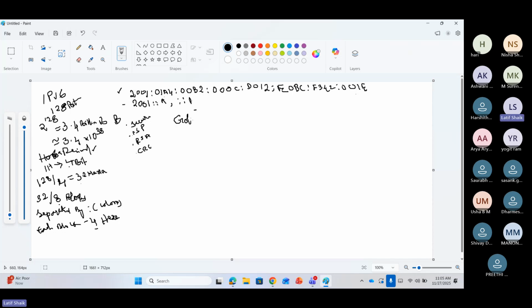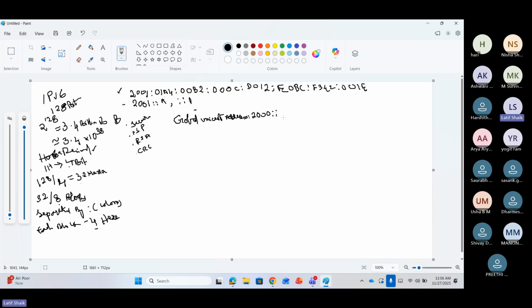So, global unicast address. That starts with 2000 colon, and the remaining are all zeros. Okay, it's the starting one.